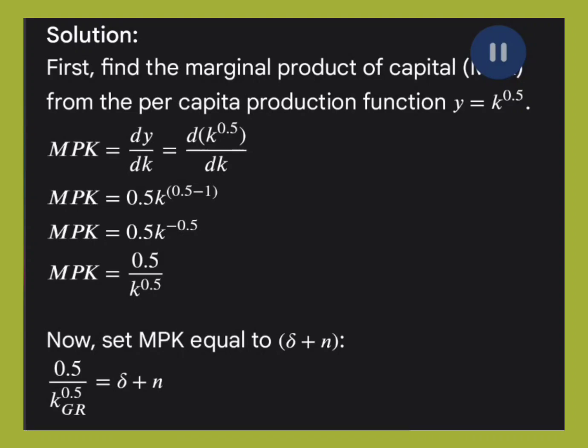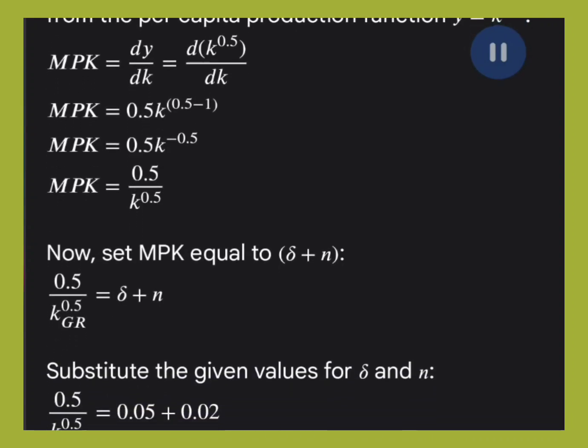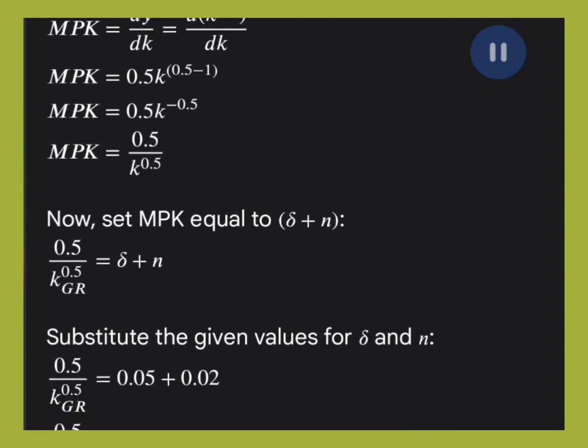MPK equals 0.5 k to the power of minus 0.5. MPK equals frac 0.5 over k to the power of 0.5. Now set MPK equal to delta plus n, so frac 0.5 over k_gr to the power of 0.5 equals delta plus n.